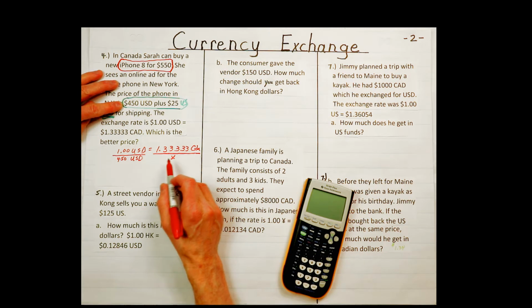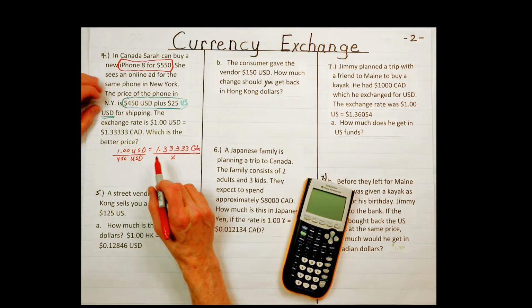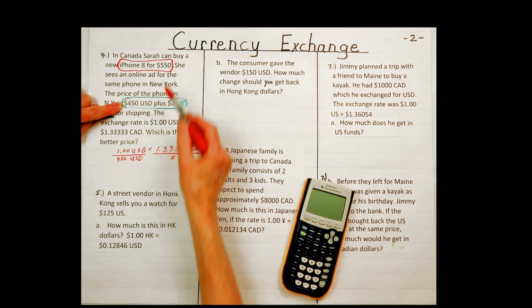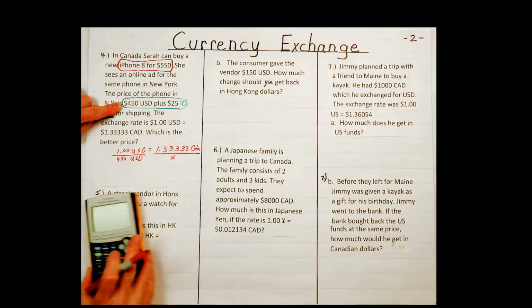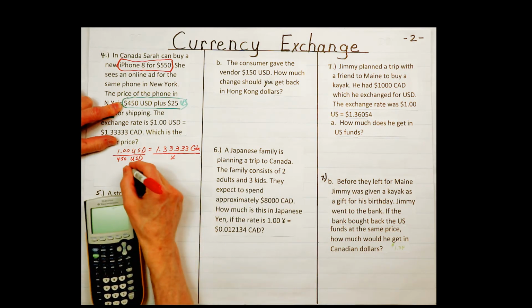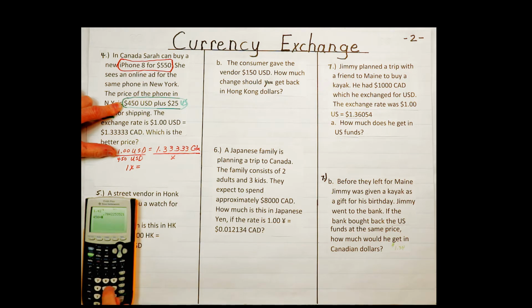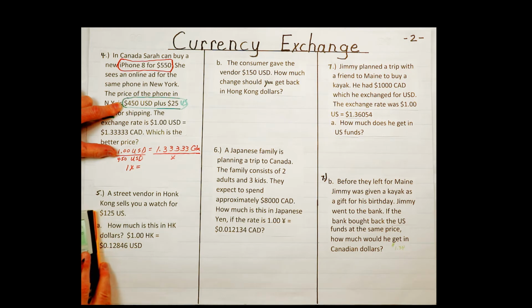So what we're going to do is get a price in Canadian dollars for this New York phone and then compare it to the $550. So cross multiply, we get 1x, and 450 times 1.33333.